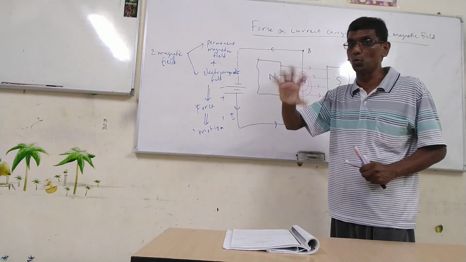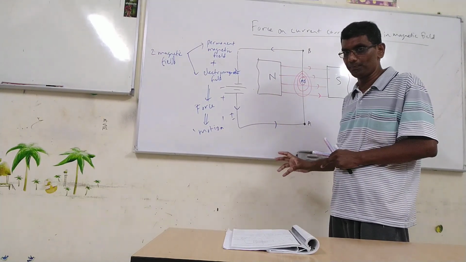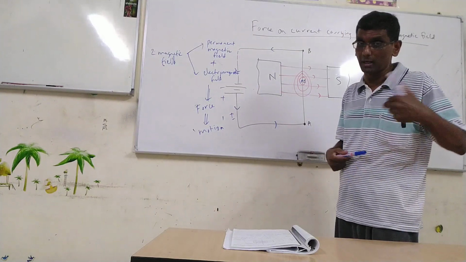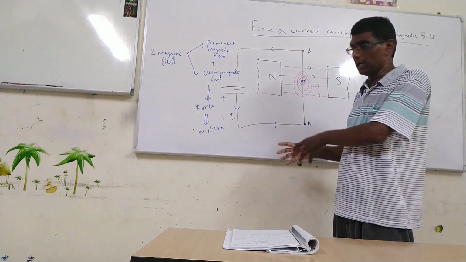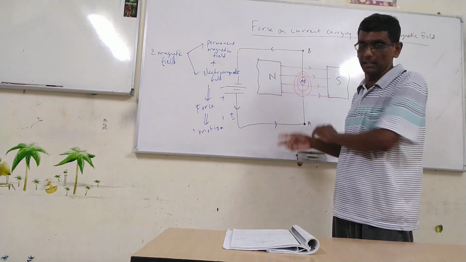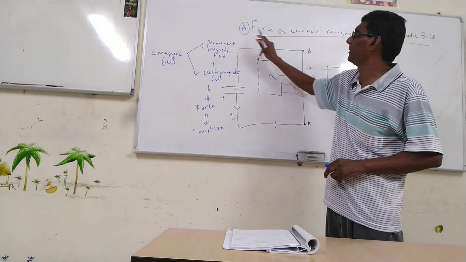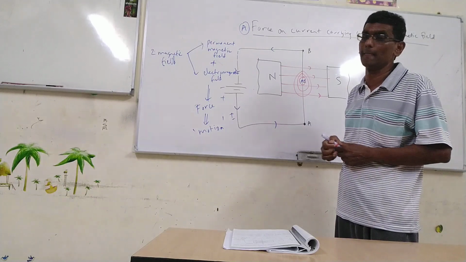This is how a motor works. We are going to learn about the motor in the next class, but today we are going to learn this A and this B. A means force on current carrying conductor in magnetic field.